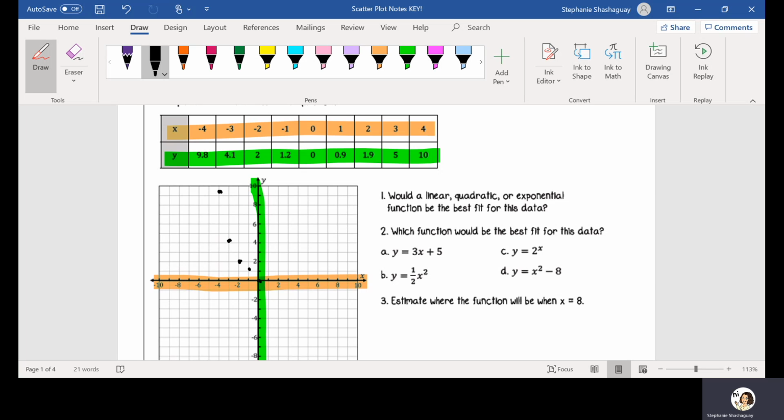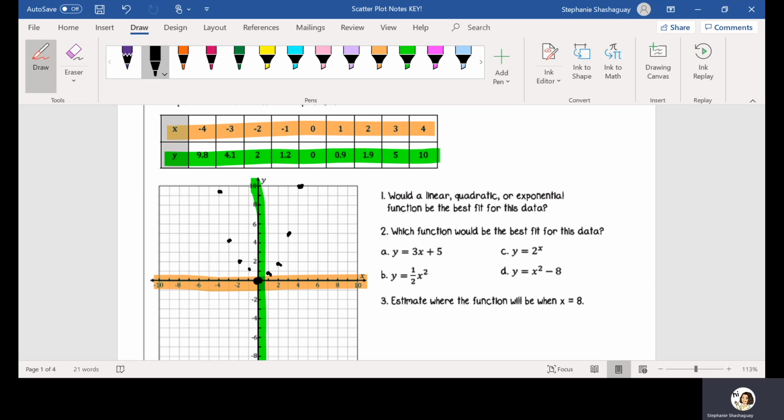Then I'm at 0, 0. Put a big dot right there. When I'm at +1 on the x-axis, I'm at 0.9 on my y-axis, so right there. At 2 on my x-axis, I'm at 1.9. Okay, at 3, I'm at 5, so all the way up to 5. And then finally at 4, I'm at 10.